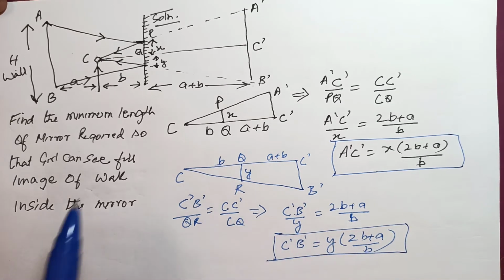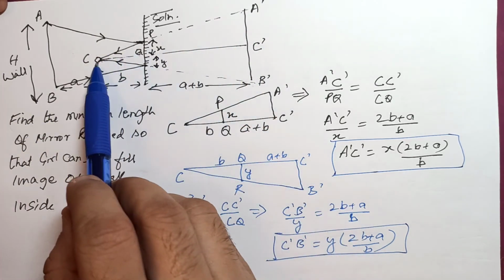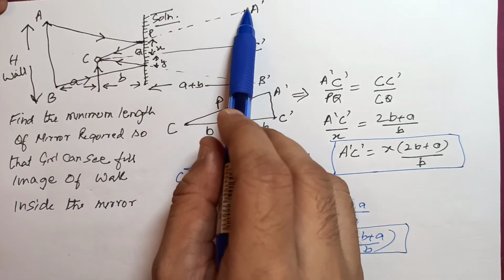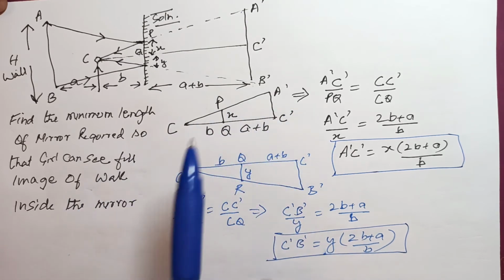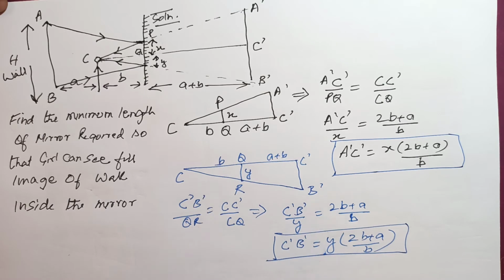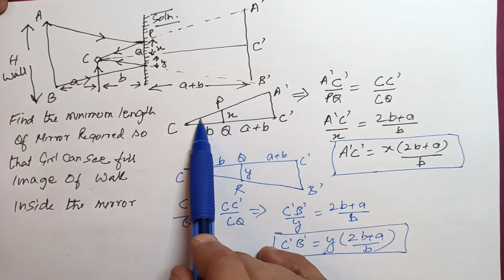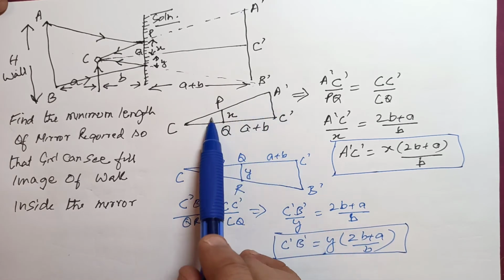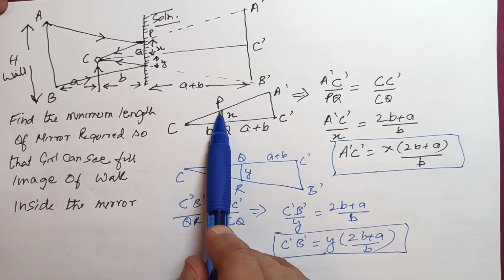Okay, so let me walk you through this again. See, in the upper triangle, I have drawn it here. In this triangle, two triangles are similar. Which two? First, this bigger one, and second, this smaller one.